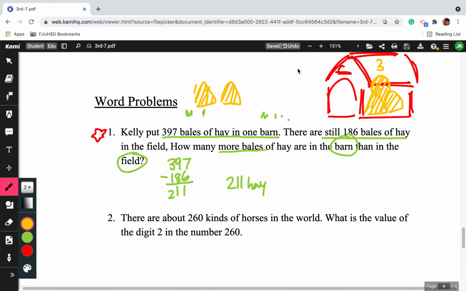So there's 3 and there's 2 here. So they're comparing how many are out here and how many bales of hay are inside the barn. Therefore, you get 3 minus 2, which is 1, because to equal this out, you need another bale of hay. So therefore, the barn has 1 bale of hay more than the field.